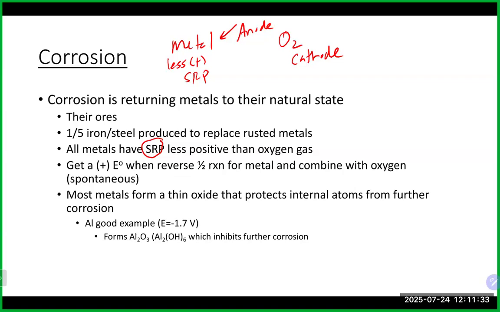Now, not all oxidation of metals is necessarily a bad thing. Sometimes as the metal goes through oxidation, it will create a layer of oxidation that protects the metal underneath it from further oxidation. Aluminum is an example of that. Aluminum will make aluminum oxide, and the metal underneath it will be protected from further oxidation and corrosion.